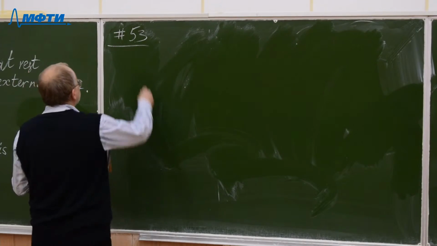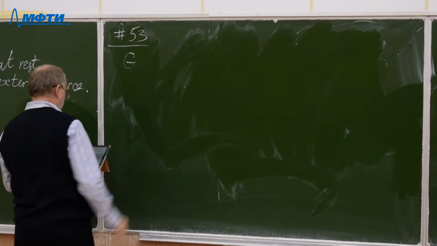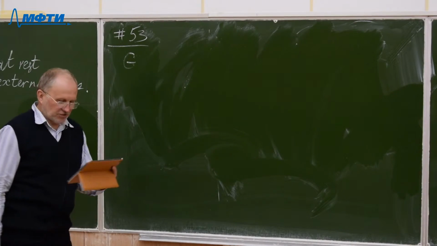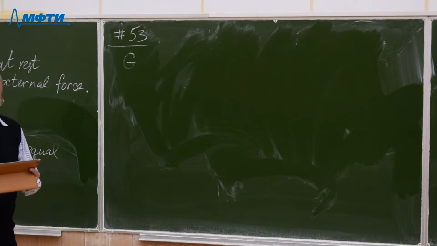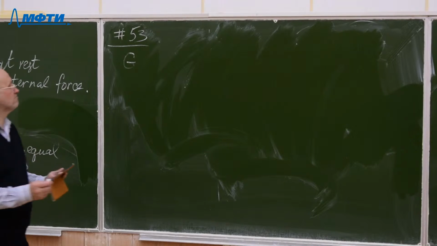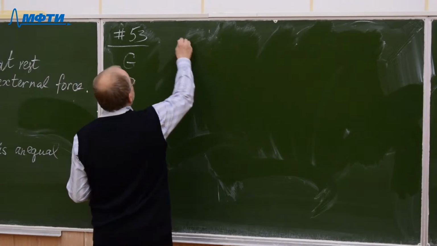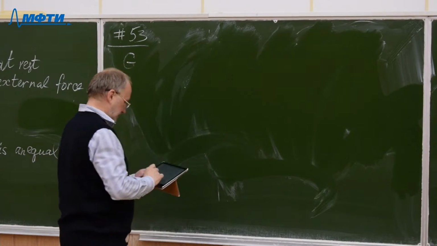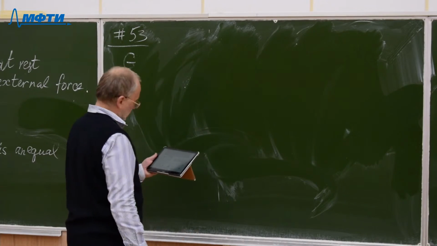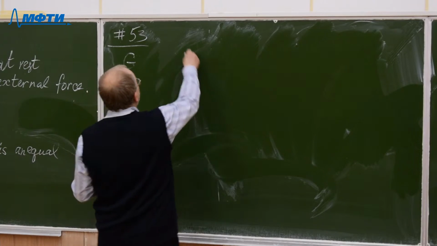A weight G is attached to the axis of a moving pulley. So there is a sketch of what's going on.